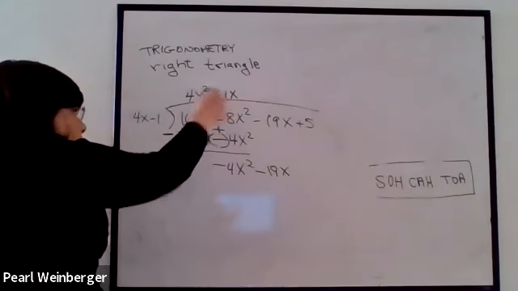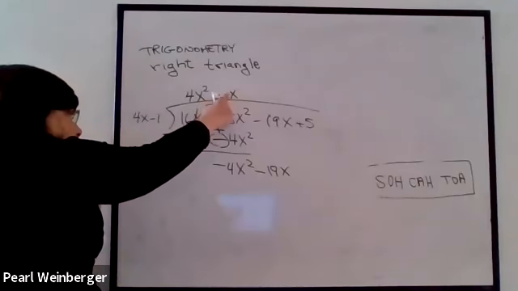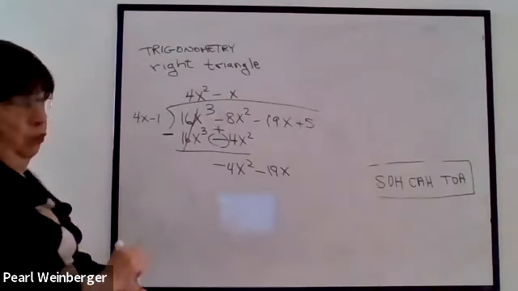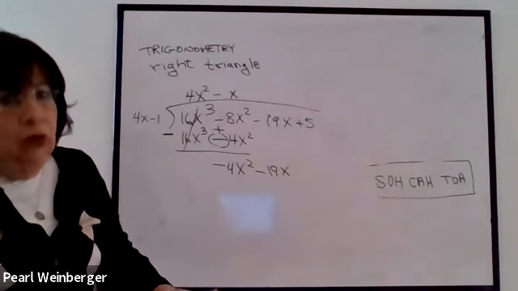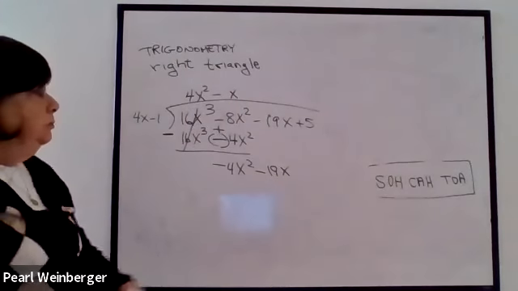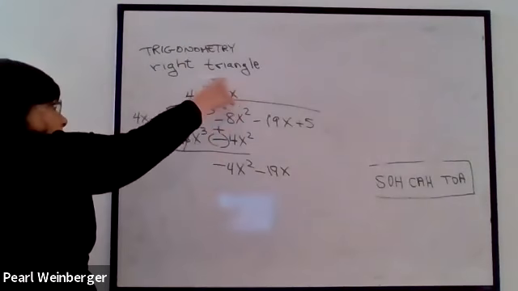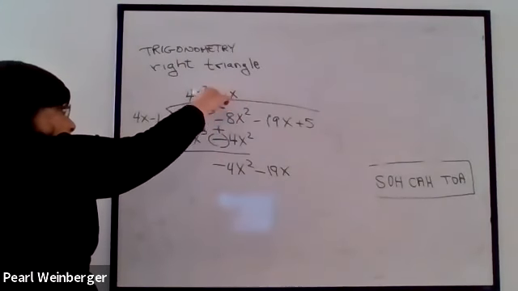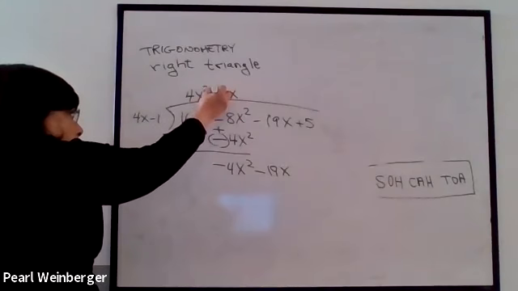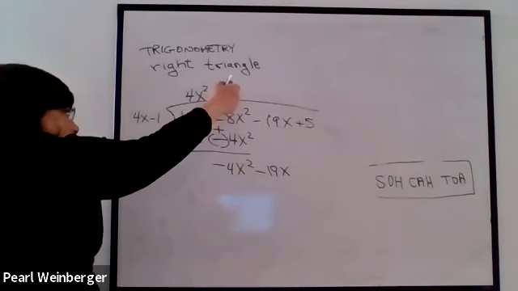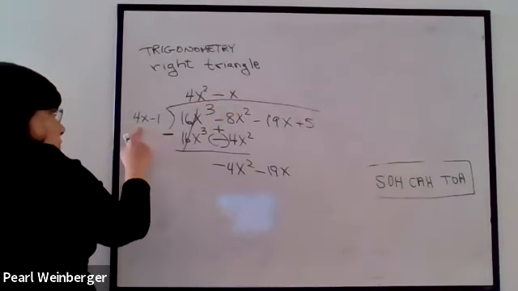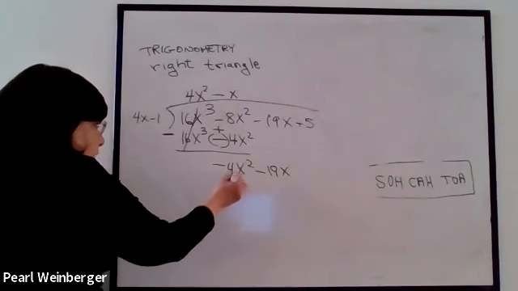So this becomes negative 1x, or if you want to just write it as negative x, that's more acceptable. Not more accurate, it's true either way. So we got this negative x, I put it on top, and I multiply it. Negative x times 4x is negative 4x squared.